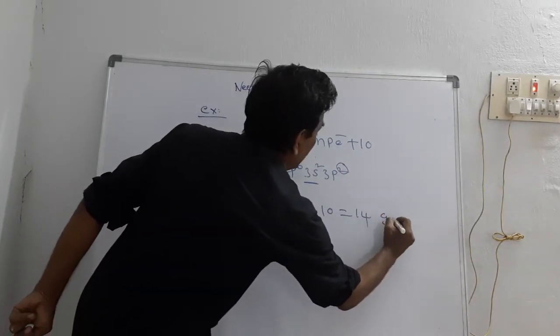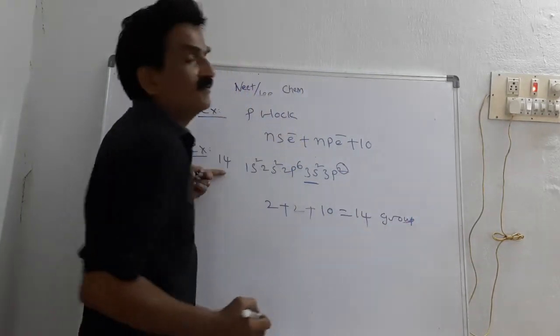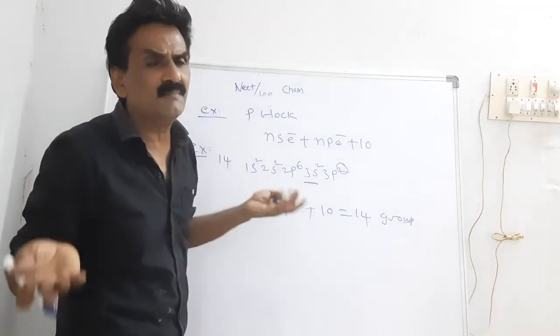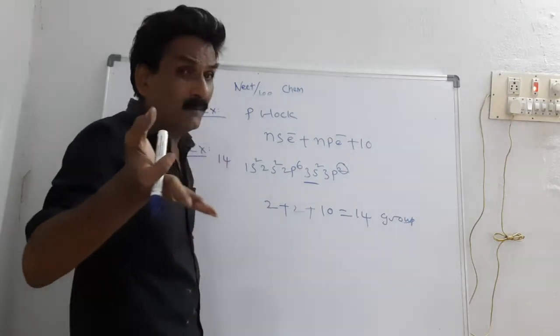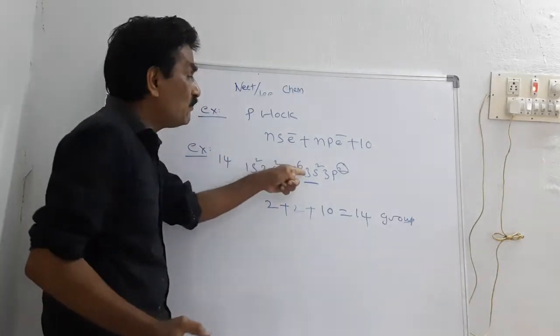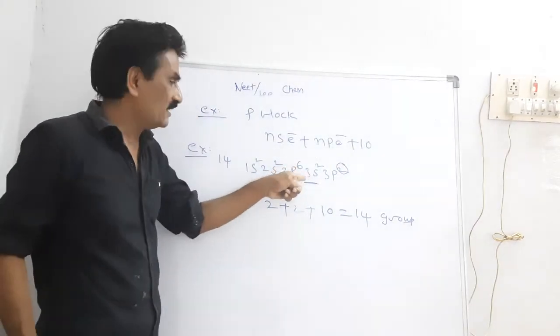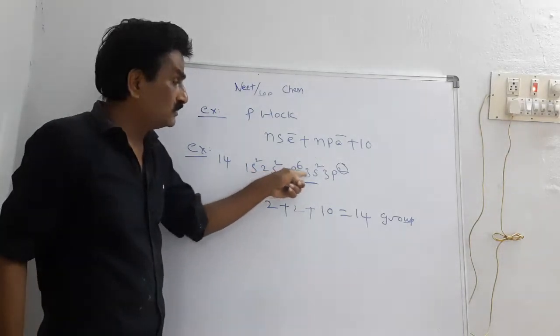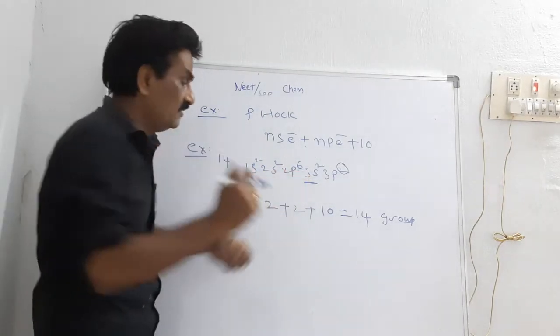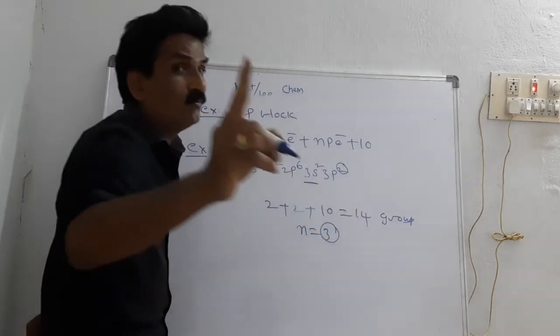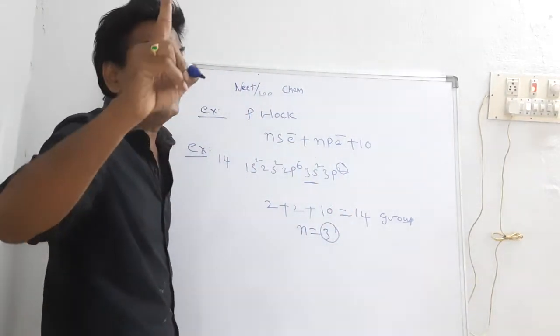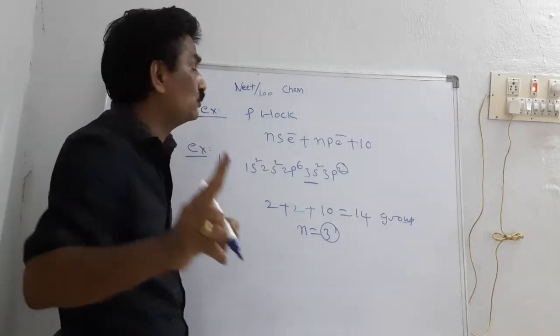What is this element? Silicon. Carbon, silicon, germanium, tin, lead are the 14th group. Which period does it belong to? Maximum quantum number, how much here? 1 no, 2 no, 3 is the maximum. So here n is equal to 3, the maximum principal quantum number, which belongs to the period.